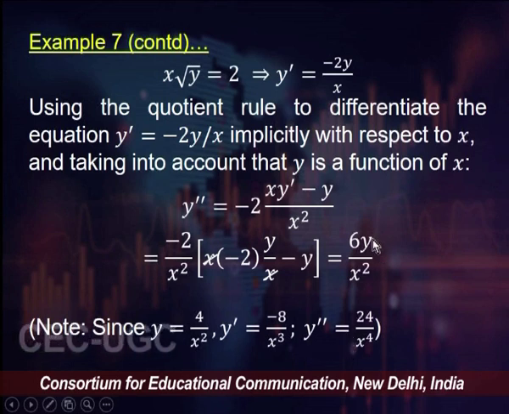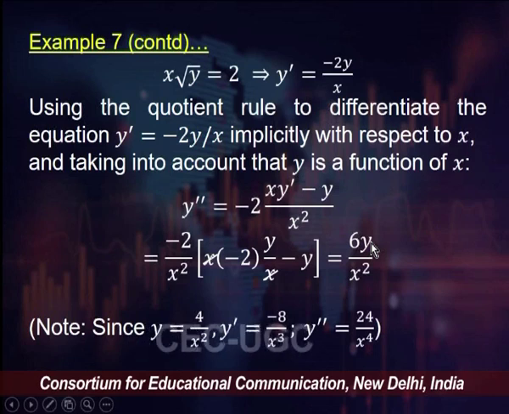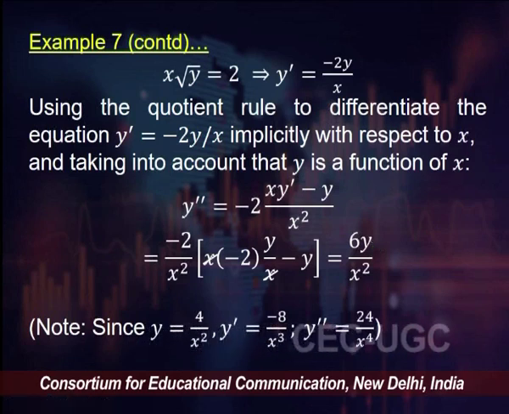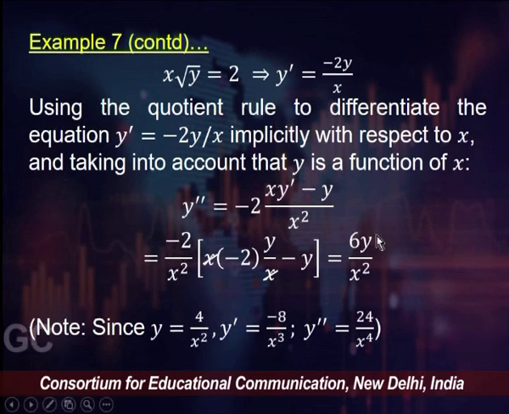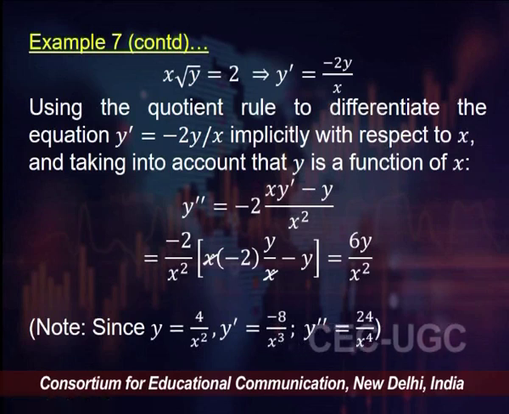And once I substitute for y, which is 4 by x squared, that also gives us 24 by x to the power 4. We get the same result whichever way you want to do the differentiation. So, this is how we can calculate the second order derivative.